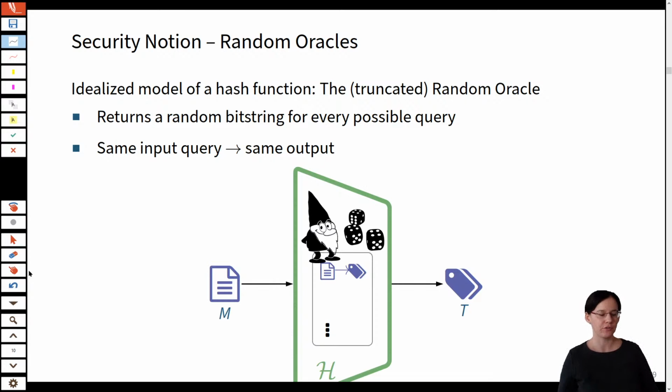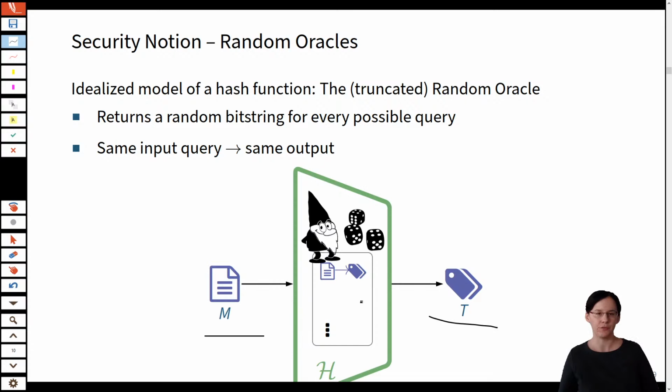So it is some sort of machine, namely this random oracle here, which acts as follows. For every possible input that we can send to it, for every message M, it returns us a uniformly random output string that is specific for this message, in the sense that if I send in this message a second time, I will receive exactly the same tag. So it's deterministic.